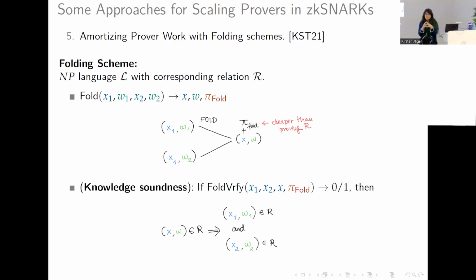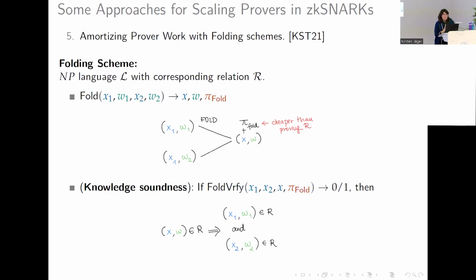Now you need to prove that you have folded these two instances correctly, so that you have really collapsed them into a single instance. And you would also need to prove eventually that the randomized instance is in the language. But the cost of this is in total cheaper than just proving that the two instances were in the language. So you're replacing proving two things by proving that these two things collapse into a single thing.